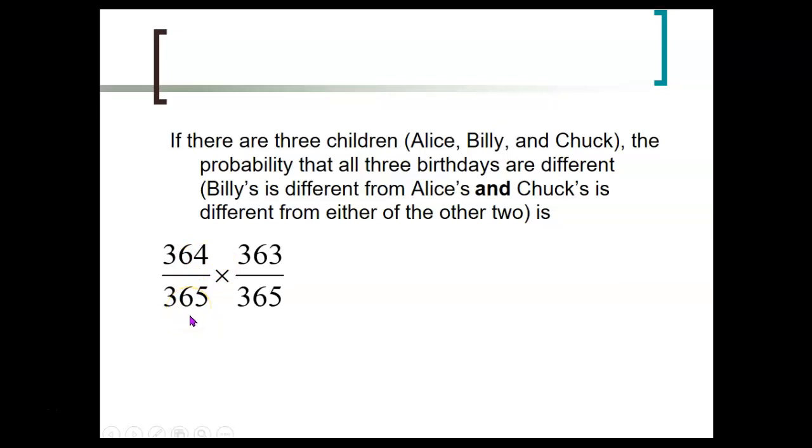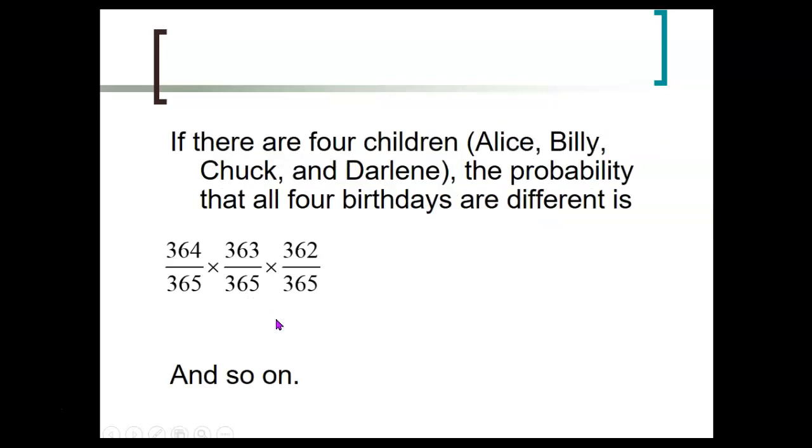Then along comes Chuck, and there are 363 different days that his birthday could be that would make it different from either the other two out of 365 possibilities in all. So the probability that Billy's birthday is different from Alice's and Chuck's is different from either of the other two would be 364 over 365 times 363 over 365.